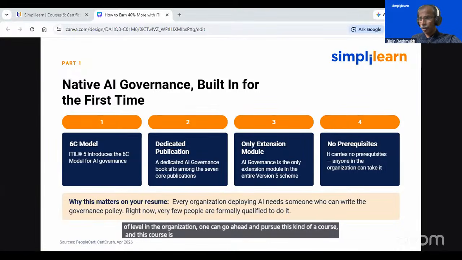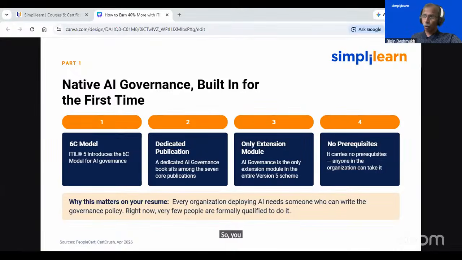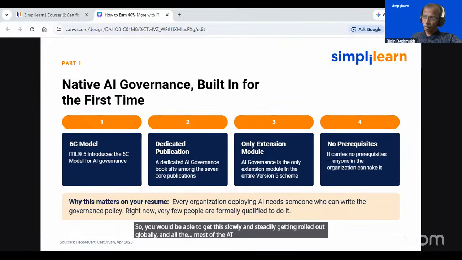It has been recently launched this month, and it is slowly and steadily getting rolled out globally, and most of the ATOs, including Simplilearn, would offer this course to learners very shortly.